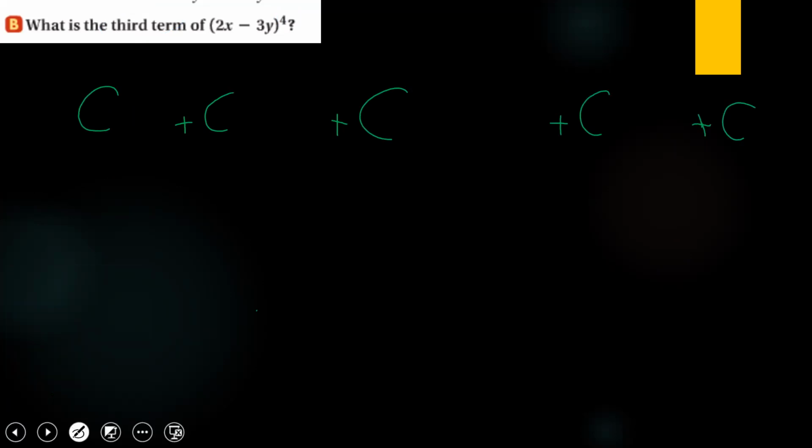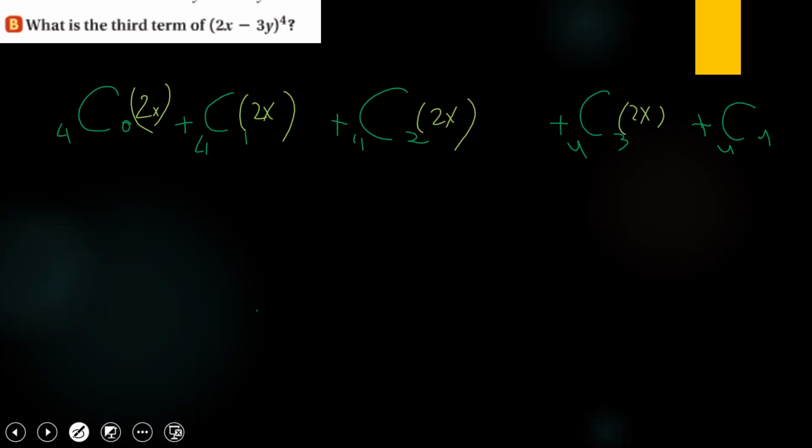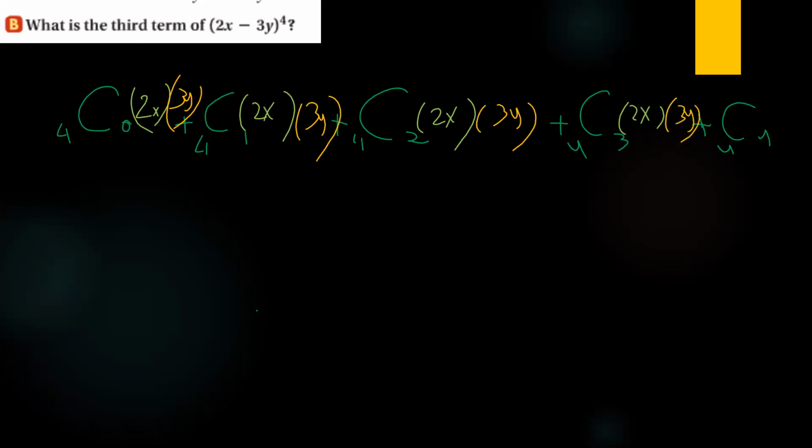You can solve it like 0 from 4, 1 from 4, 2 from 4, 3 from 4, 4 from 4, then 2x, 2x, 2x, 2x, 2x, and then 3y, 3y, 3y, 3y, but cancel this one.